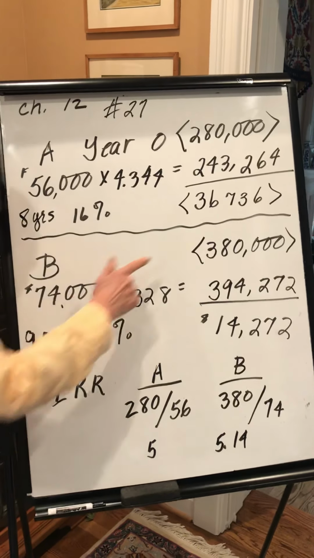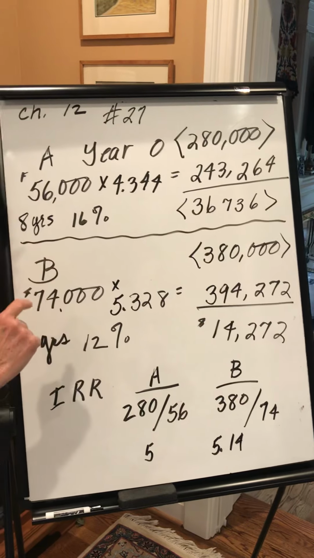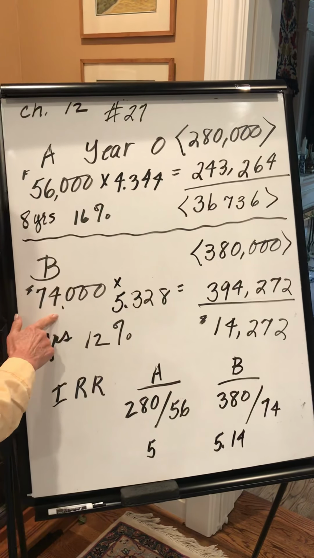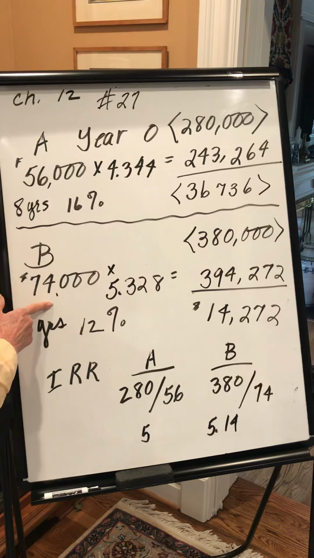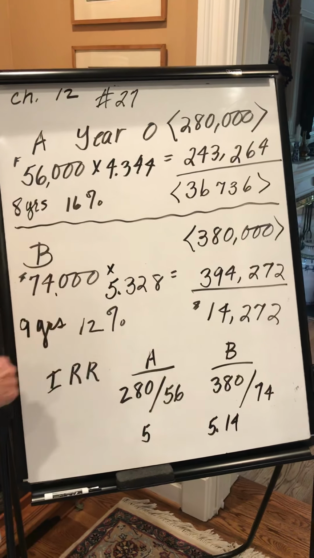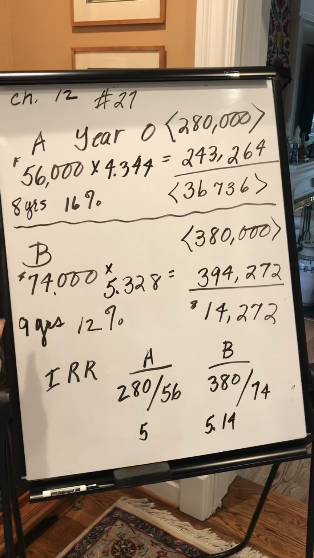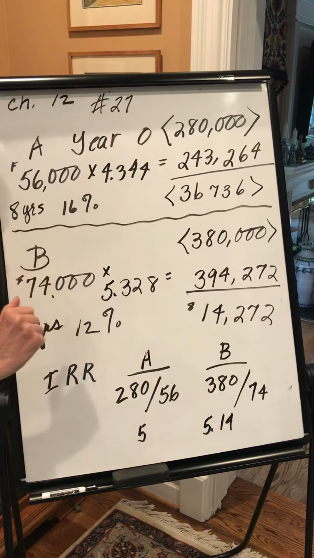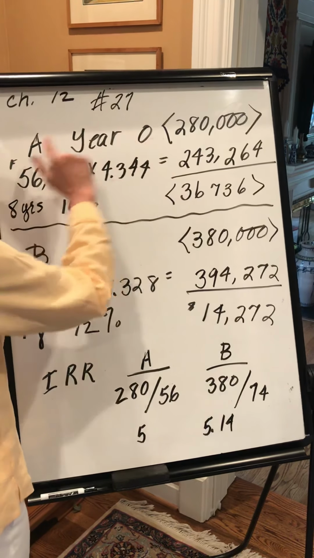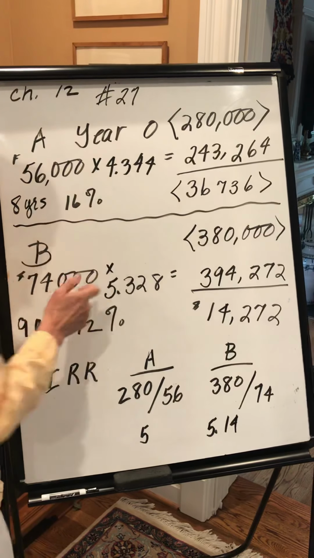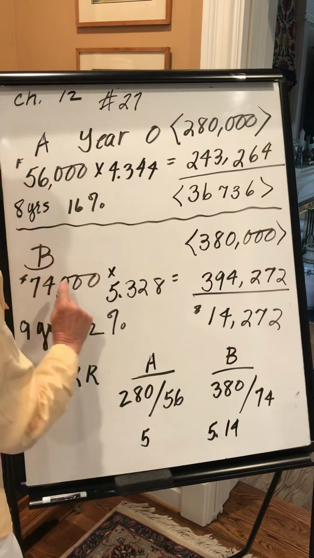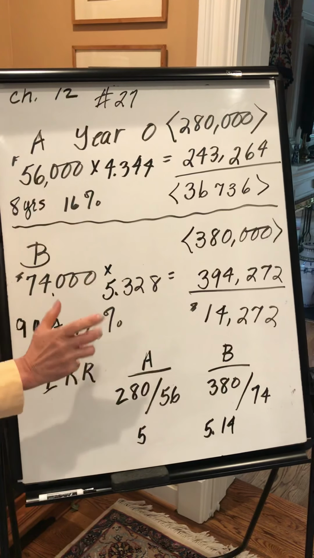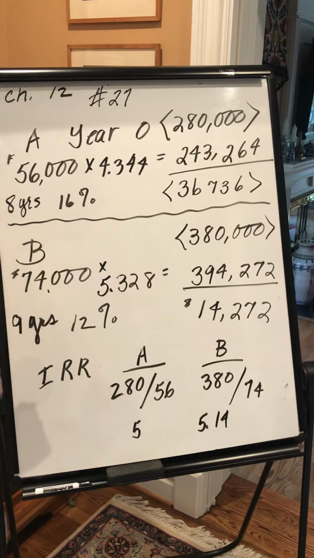Project B cost $380,000. It gave the company $74,000 of inflows each year, and they only wanted a 12% return on their money. So we calculated the net present value and we found that project A was negative, so it should not be accepted, and project B was positive and it would be accepted.